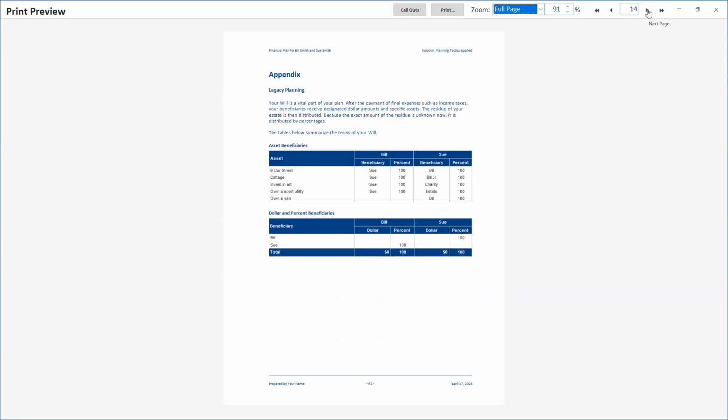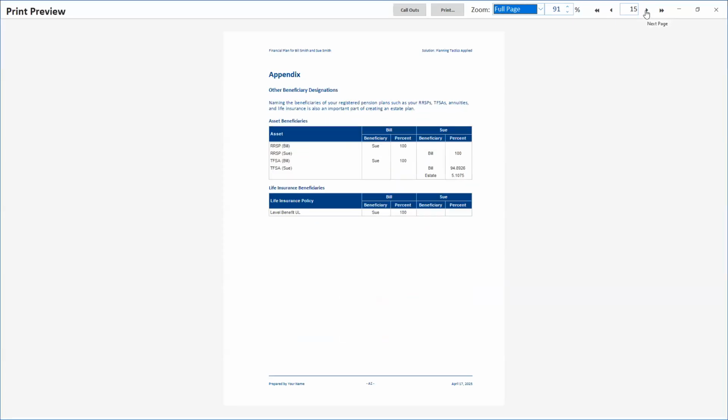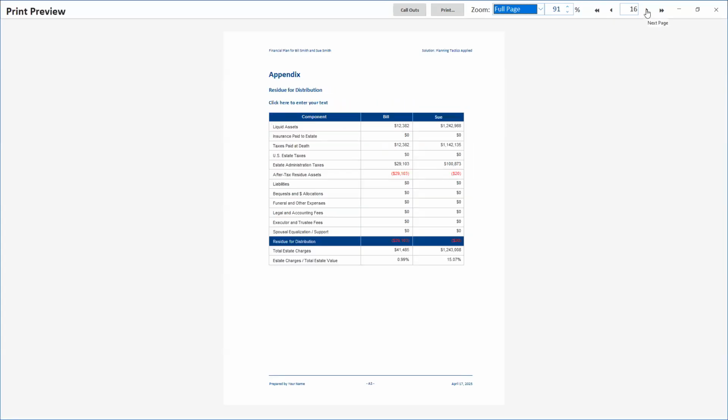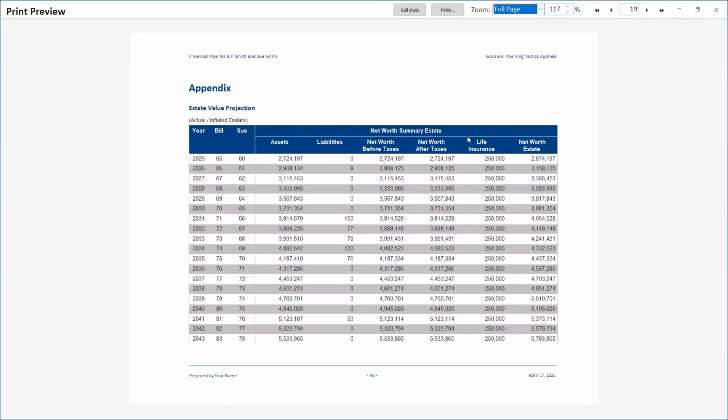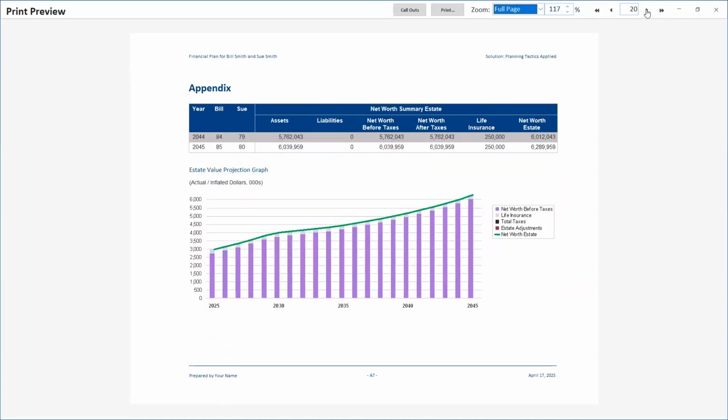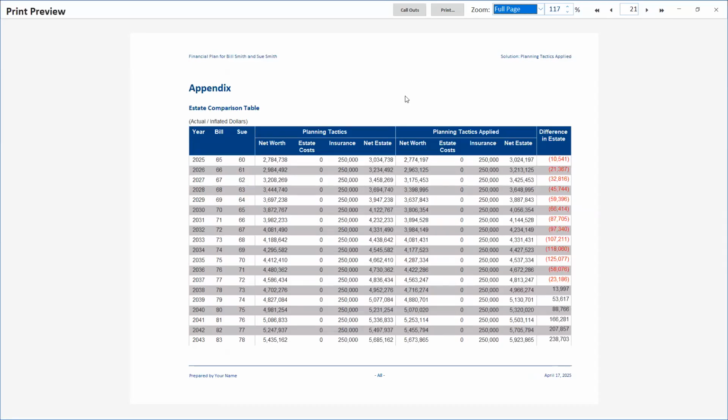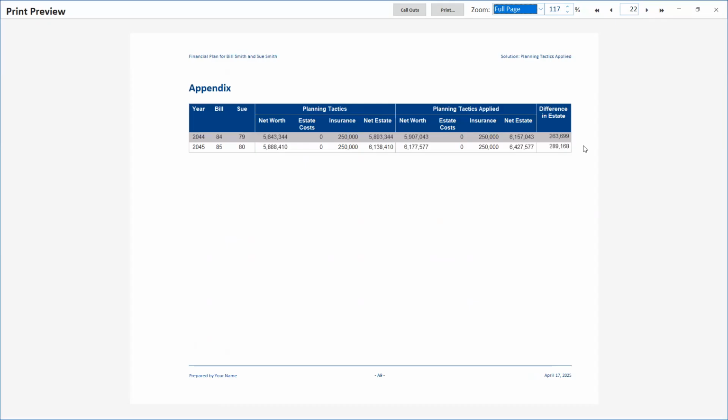And then we get into other tables where the different assets are going. You see art going to the charity, for example, and RSPs, TFSAs, where's the money going? You can see some money from Sue's TFSA to the estate, and then the residue for distribution, and then the forecasted estate value, and then a longer chart, which is the estate value projection over time, and then a comparison between the planning tactics and the planning tactics applied, which is showing the advantage later in life.